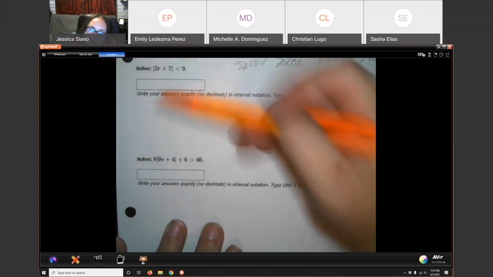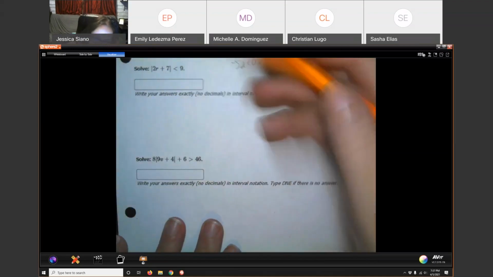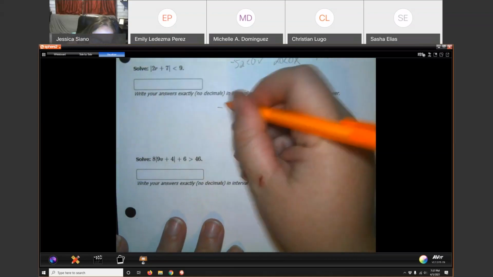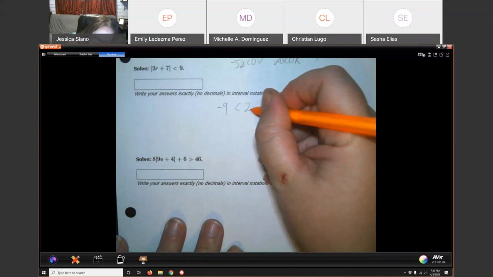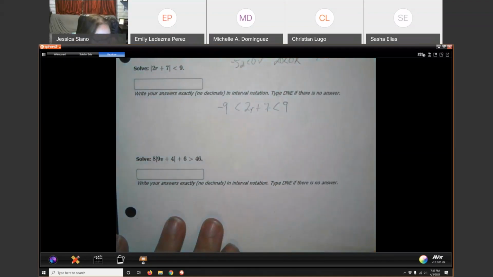And then once you have your absolute value isolated, if you have a less than, then you turn it into a conjunction. You take this number, hop it over to the other side and make it negative. One long inequality. And then whatever we do to the middle to solve for r, we do to the left and the right as well.